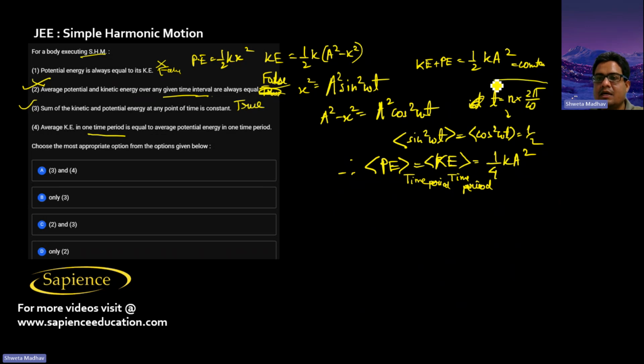If t is n into 2π/ω, then only it will be half, else it will not be equal to half. So the second statement is also false. But average kinetic energy in one time period is equal to the average potential energy in one time period. That is true, which is equal to half, which is equal to 1/4 k a squared.